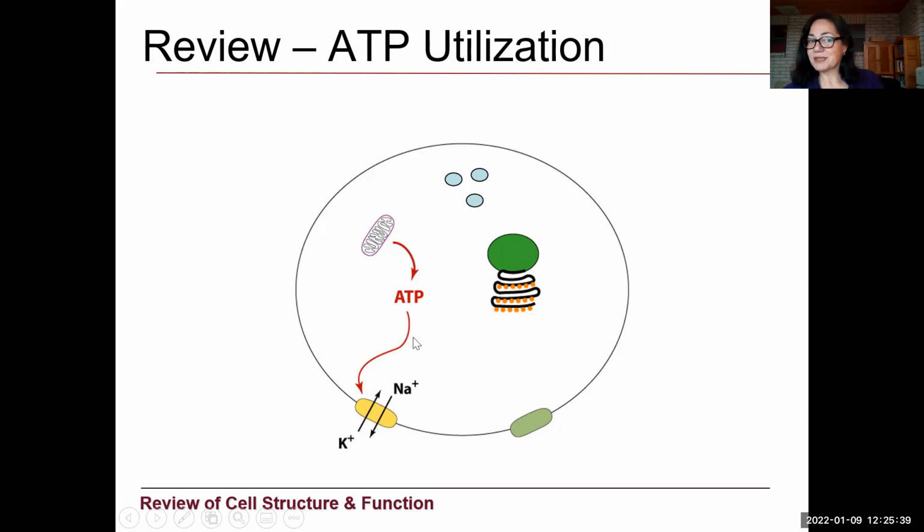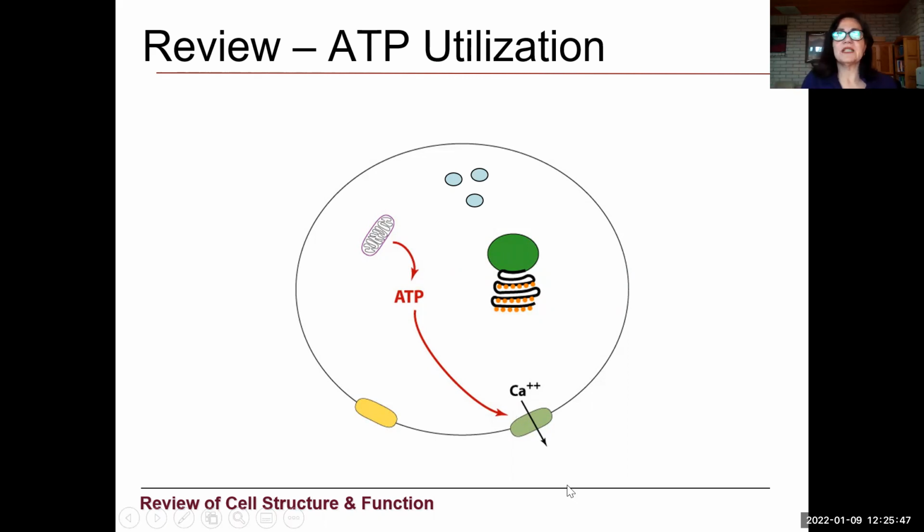Just like the sodium potassium pump, we also have a calcium pump that requires payment each time we pump calcium ions. I'll remind you, calcium ions are used in muscular contraction. They're absolutely required inside the cell for muscular contraction. But the calcium doesn't stay in the cell.